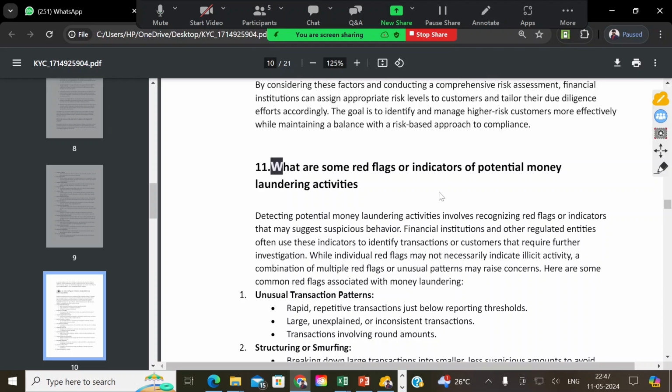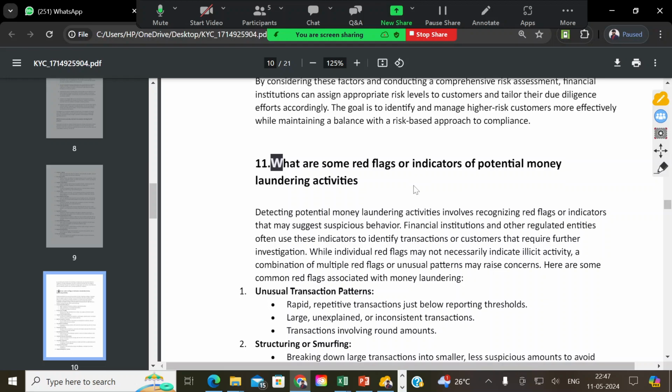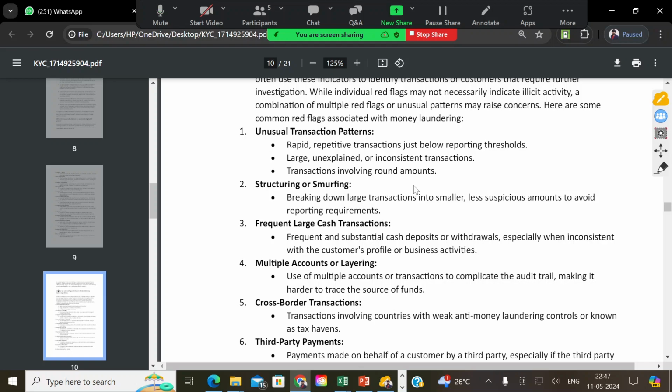All right. Then the other question is, what are some red flags or indicators of potential money laundering activities? Sometimes you would see that you have frequently received large cash transactions without much information or reference, or maybe someone is withdrawing a large amount in cash every day.